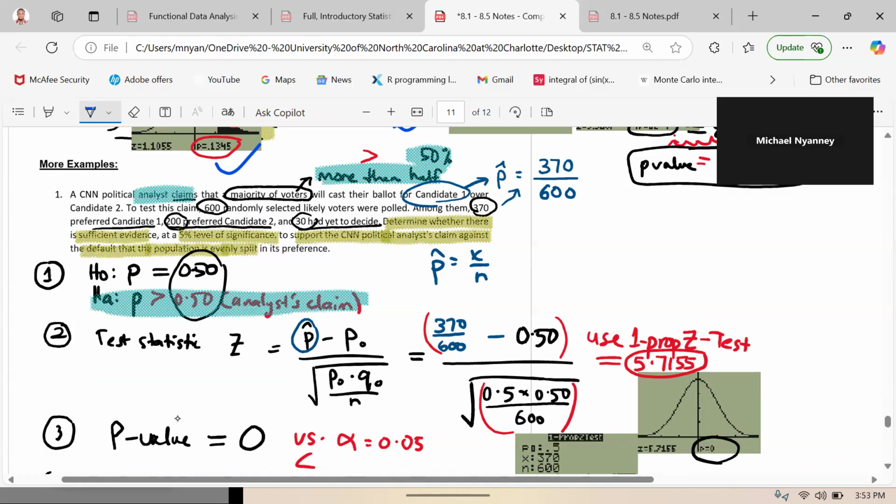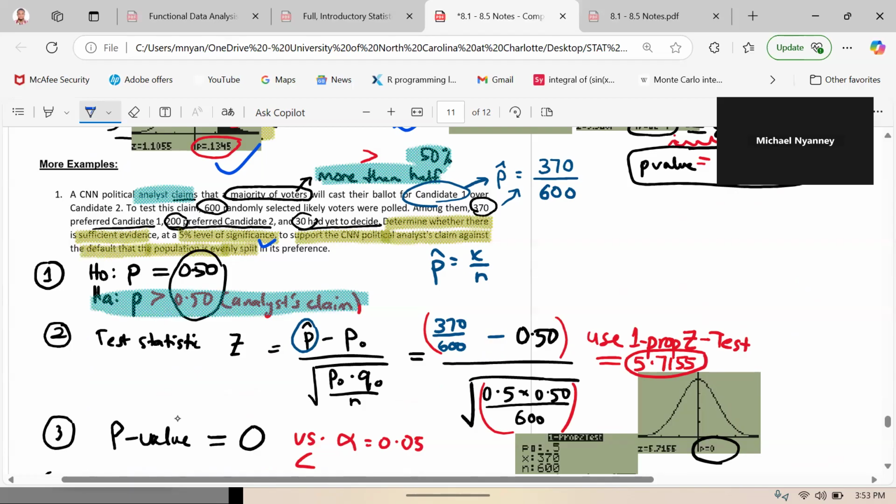Determine whether there is sufficient evidence. We have to test at a 5% level of significance. So this is our alpha, to support the CNN political analysis claim against the default that the population is evenly split. So this is what we hypothesize: the population is evenly split. So it implies that our p is what? 0.5. If they are evenly split, it implies that they are equal.